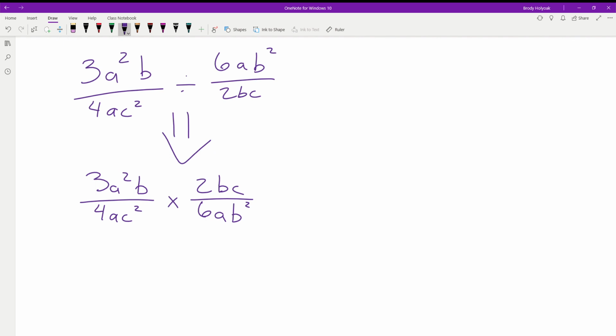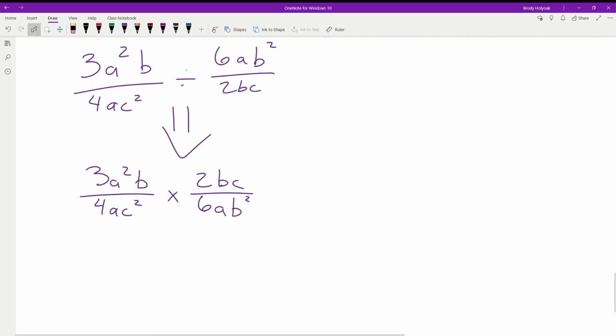So now we're back into this where we were at before. The biggest thing is, remember, if we divide by a fraction, we take our second term, we invert it, and we multiply it.